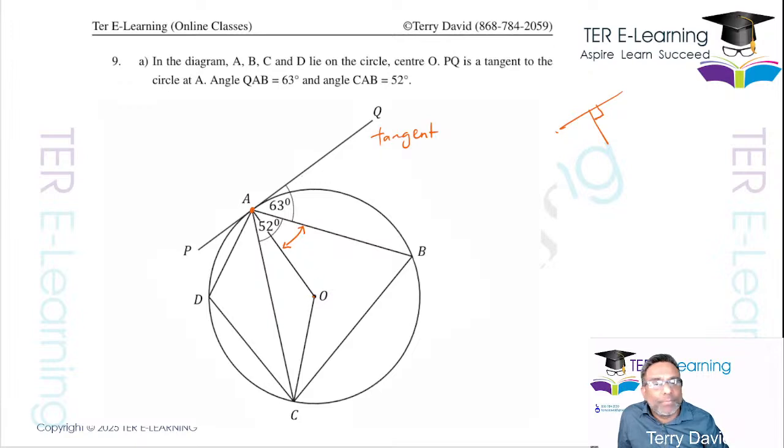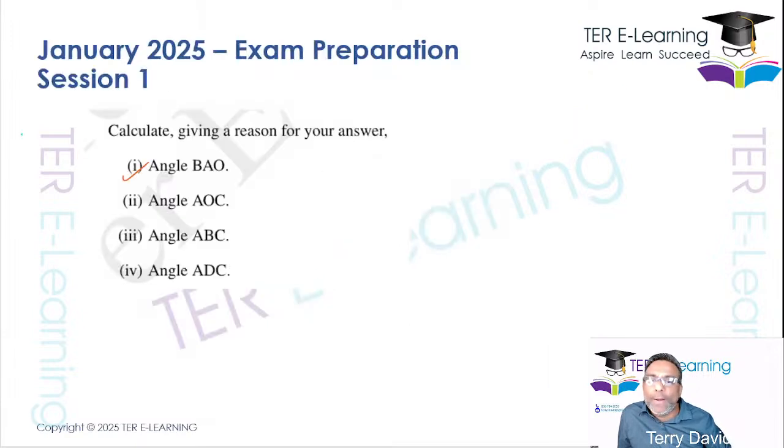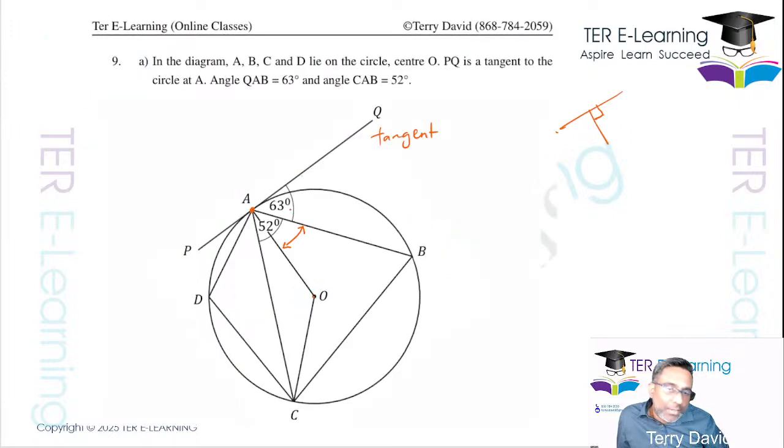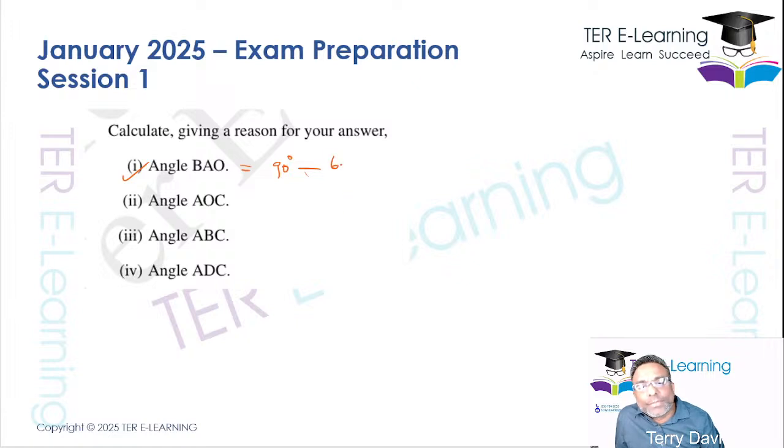The angle BAO is simply going to be 90 minus 63. That's going to be angle BAO. So 90 minus 63, you're going to get 27. So that's 27 degrees here.